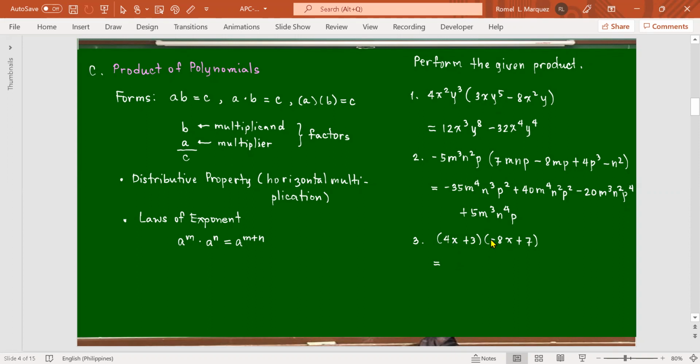Okay? Or you multiply this to every term in the first one. So you can do any of the two. Multiply to negative 8x, plus 4x plus 3. We are distributing this binomial to its term inside. Times 7.